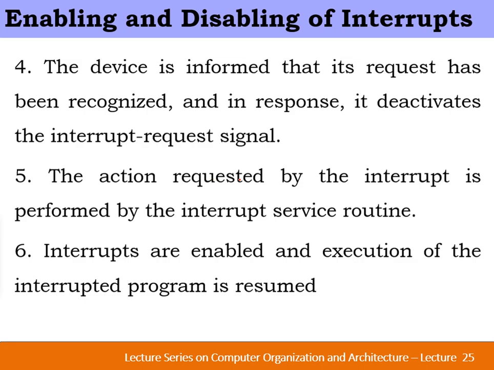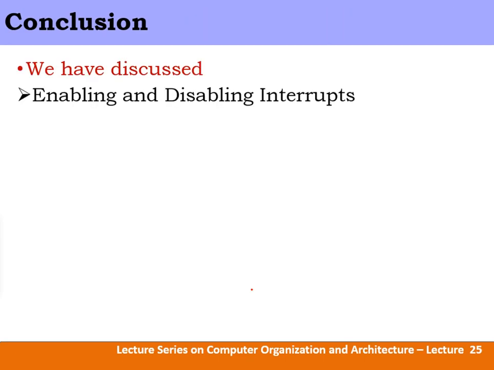The action requested by the interrupt is performed by the interrupt service routine, so an ISR program is executed to give the service. Once the ISR program is executed, interrupts are enabled and execution of the interrupted program is resumed. The program the processor had stopped is resumed.